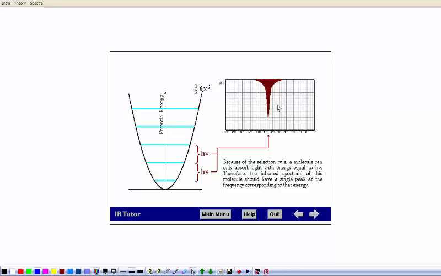The position of the peak on that spectrum is going to tell us which functional group I have, because different functional groups have different vibrational frequencies. Okay, so that's the basic setup for this.